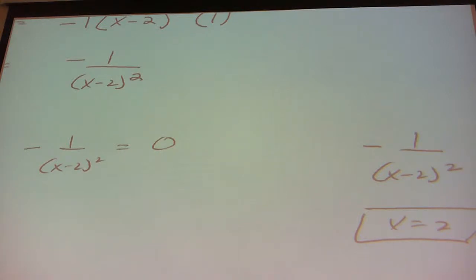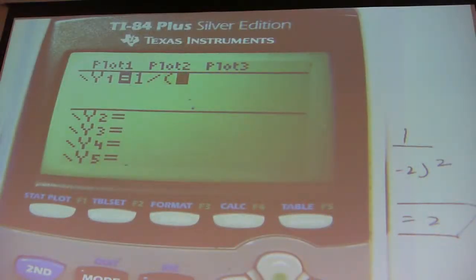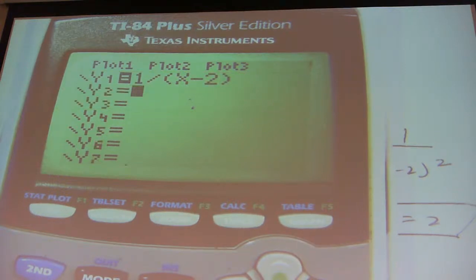They show it later. I like to show it. So if I go to my calculator, let's graph the original. 1 divided by parenthesis x minus 2. Parentheses do matter. Be careful.